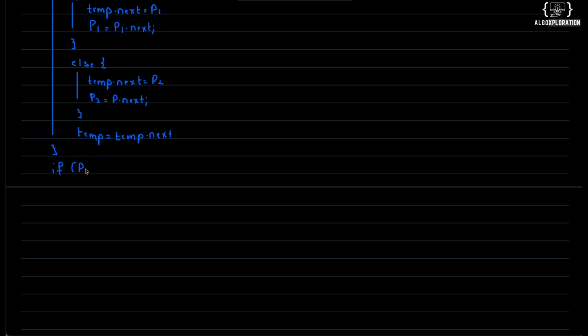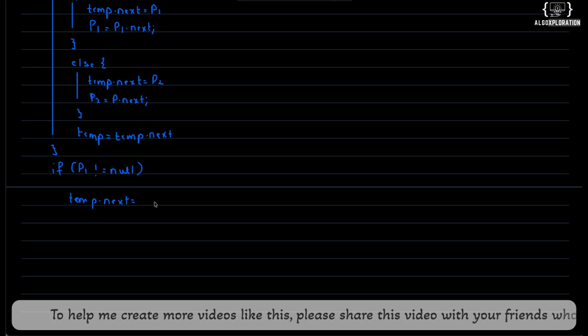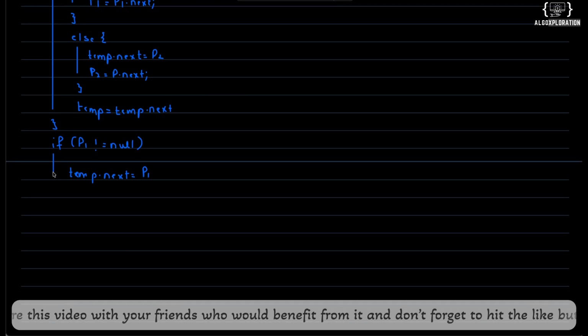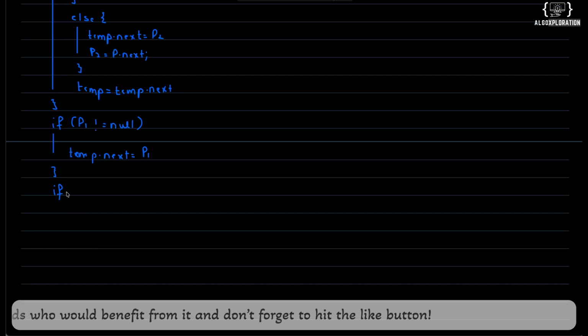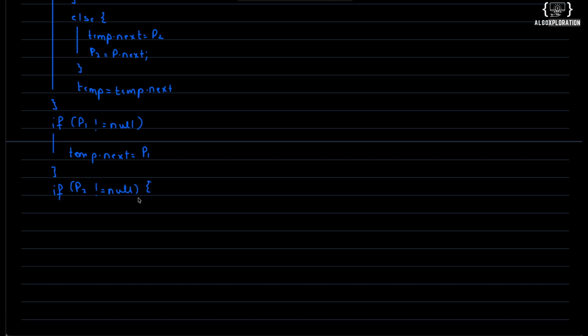If P1 is not equals to null, then temp dot next is equals to P1, or else I need to check if P2 is not equals to null, then temp dot next is equals to P2.